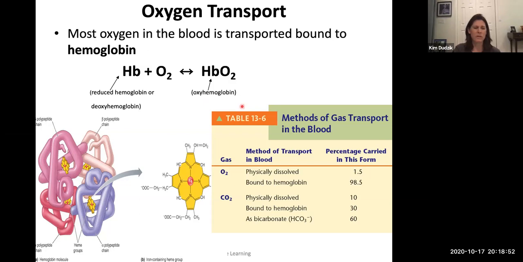Oxyhemoglobin. So just to remind you, one hemoglobin molecule is made out of 4 polypeptide chains, and within each polypeptide chain is the heme group, right? So there's 1 per each. So each hemoglobin is carrying 4 heme groups, and it's in the ferrous ion, or the iron ion, that's a 2+.